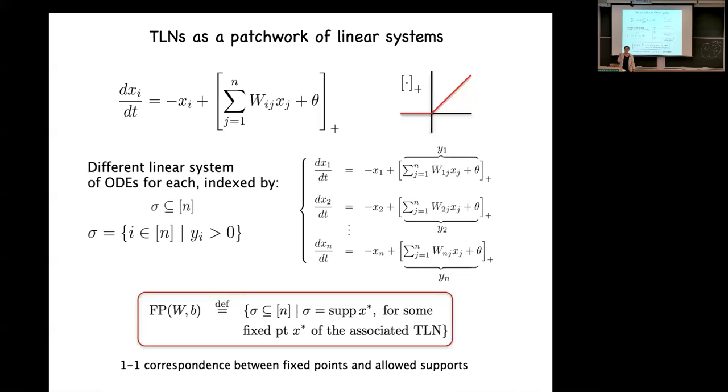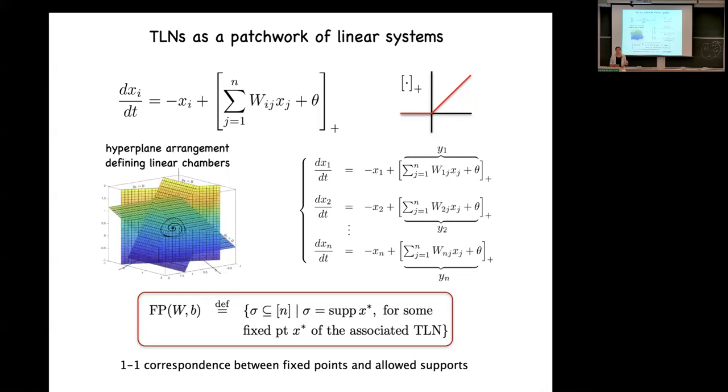So if you have a fixed point with support 3 of the 10 neurons, that's going to live on one of the boundary pieces of the positive orthant, right, where all the other neurons are 0 and only those 3 are non-zero. So they don't really live in the interior, right? But we do have them live away from the boundaries of these hyperplanes.